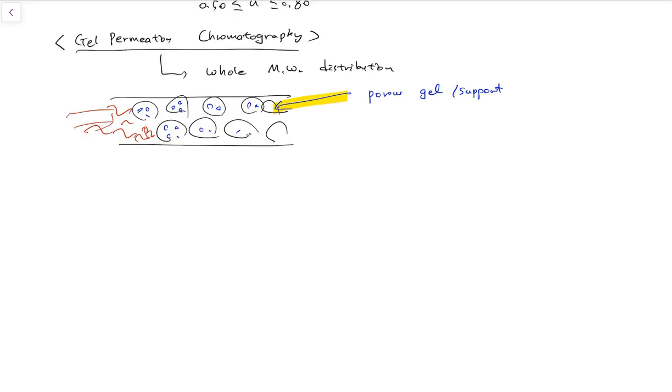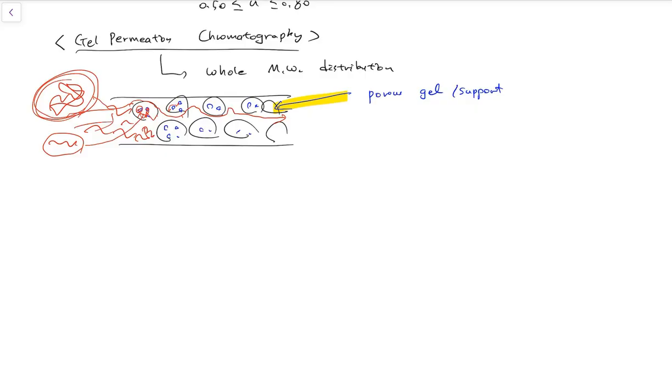If polymers are really high molecular weight, meaning a very long chain compared to a short chain, the short polymer chains will go in and out of these pores, while these long chain polymers basically cannot go into these small pores, they just elute through the support.